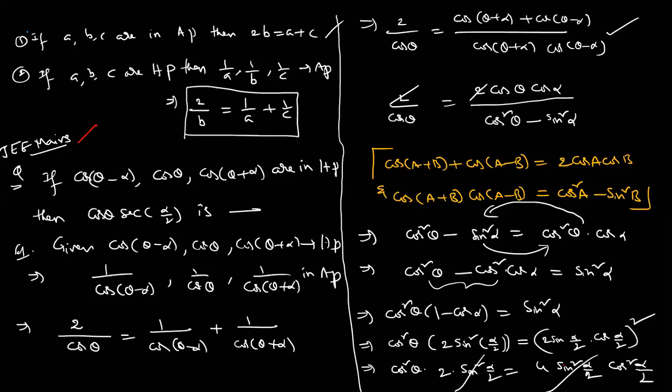After completing, please tell me. A, B, C are in HP means 1 by A, their reciprocals are in AP, I'm saying. First, write the question. I will explain once again.